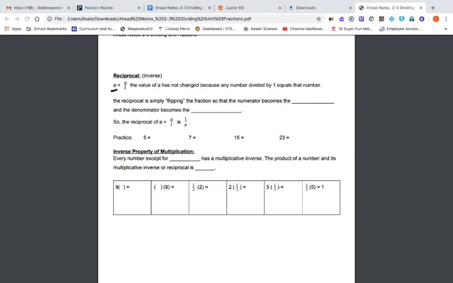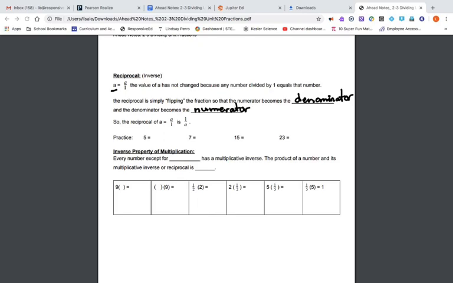The value has not changed because any number divided by 1 equals that number. So the reciprocal is simply flipping my number so that my numerator now becomes my denominator, and the denominator now becomes my numerator.